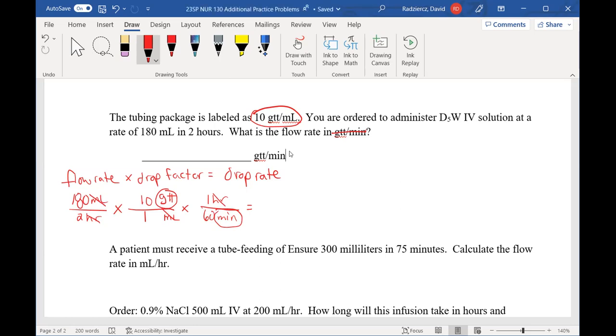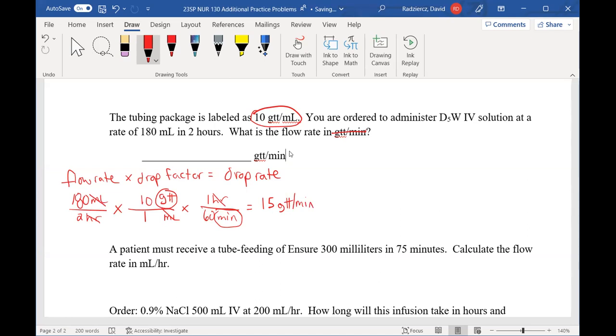Then we're just going to plug these values into our calculator. So 180 times 10 divided by 2 divided by 60. And I'm going to get an answer of 15 drops per minute.